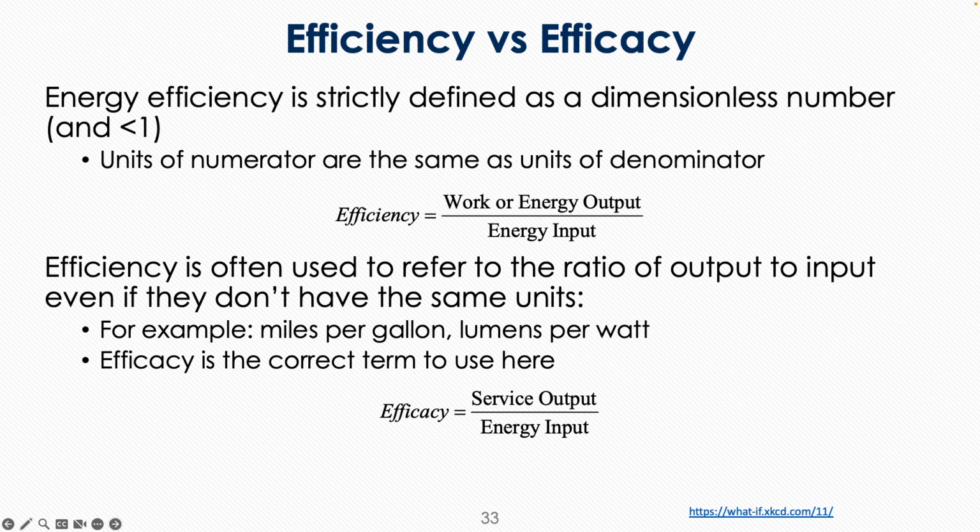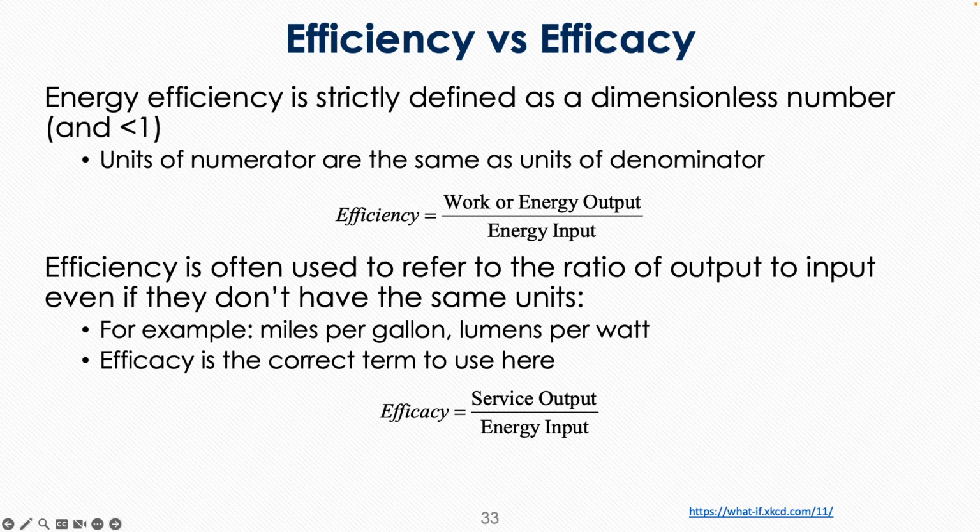The other nuance here is there's a difference between efficiency and efficacy. This is the only time I'm going to bring this up. Energy efficiency is strictly defined as a dimensionless number, and it always has to be lower than 1, so the units of your numerator are always the same as the units of your denominator.